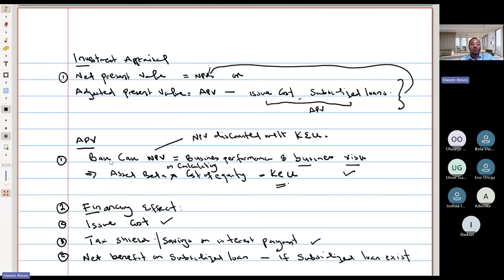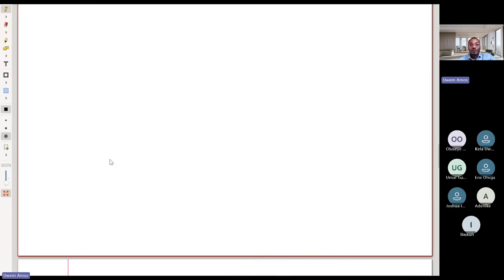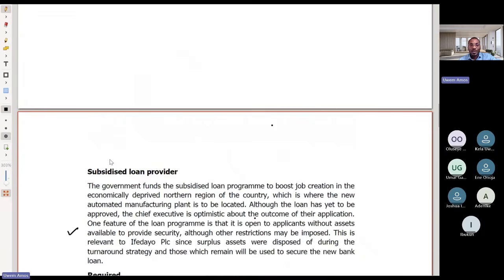Your sales minus your variable cost gives you your contribution, then you minus your fixed costs, and then you can bring in depreciation depending on the method you intend to use. You then calculate your tax, then you have your net cash flow.